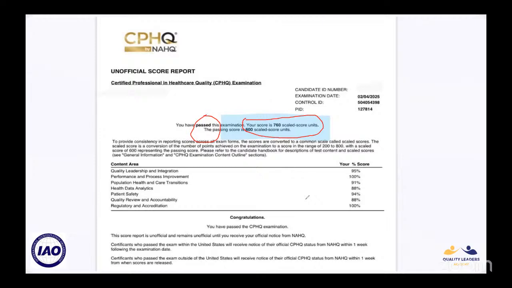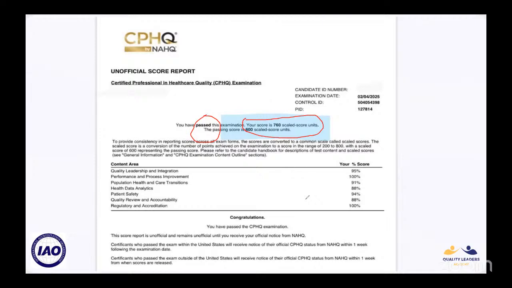So in order to solve this problem, NHQ has a fairness mechanism, wherein the raw score, or the number of right answers out of 125 scored questions, goes through a statistical conversion process called equating. This adjusts the raw score to a number between 200 and 800. It means a few questions may be scored more and a few less.